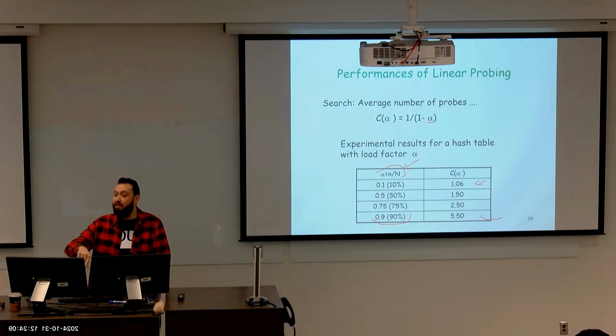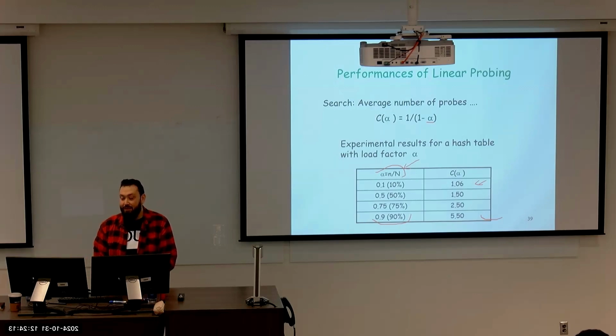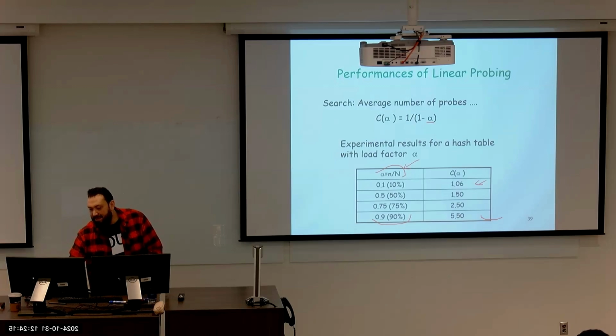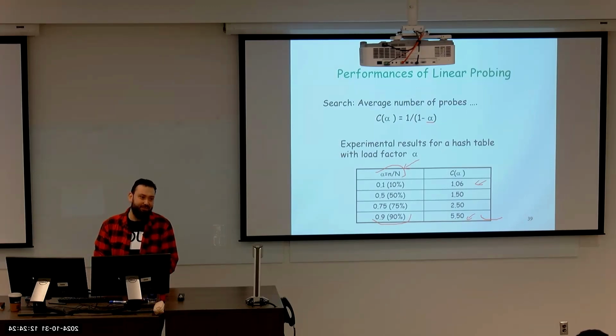That's why we're going to introduce something better, that even with 90% is going to be, for example, 2 point something. The average number of probes with linear probing means it will take me on average 5.5, let's say 6 probes each time I want to find something if my array is 90% full.